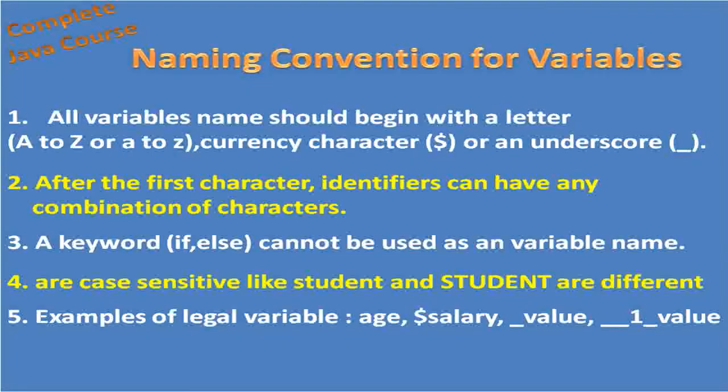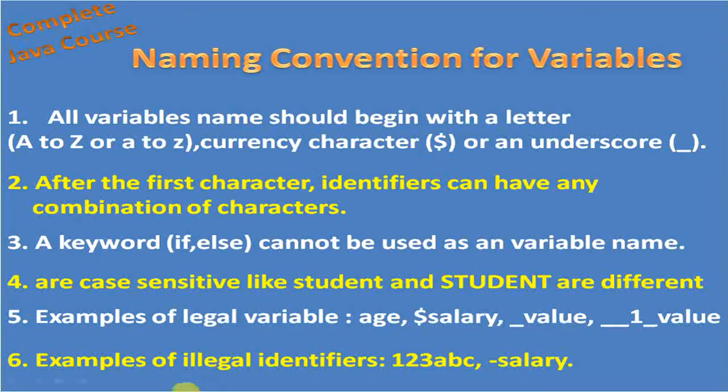But apart from the dollar sign and the underscore, you cannot start your variable name with any digit or any other special character. Number 6, examples of illegal identifiers are 123ABC, my-salary. So this is an illegal example of a variable name.